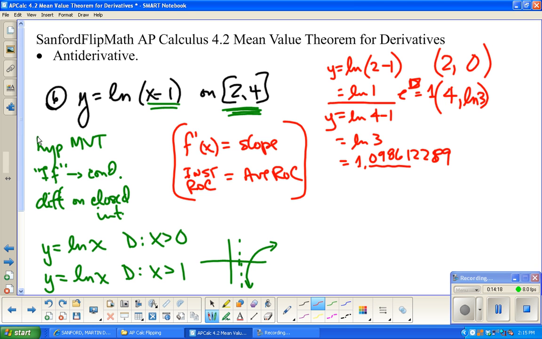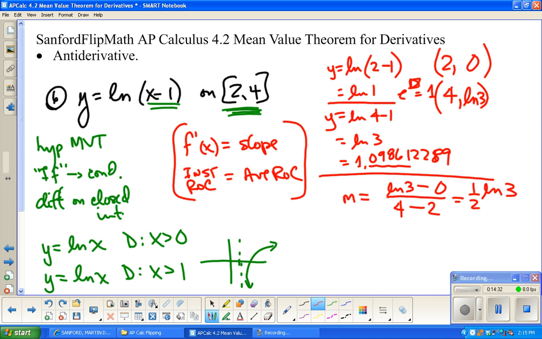Okay, so now we need to do slope. So slope would be y2 minus y1 over x2 minus x1. So it's 1/2 the natural log of 3, or if you'd prefer, 0.549. Okay, now that's the average rate of change.